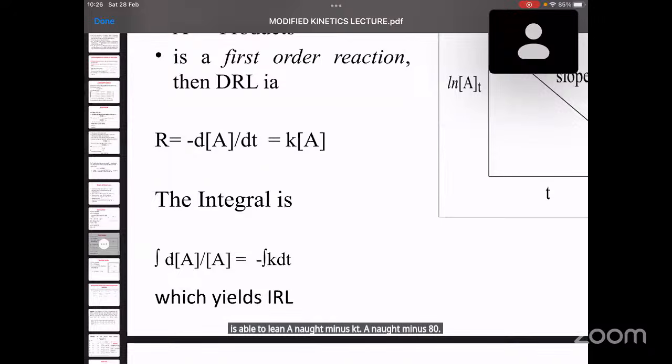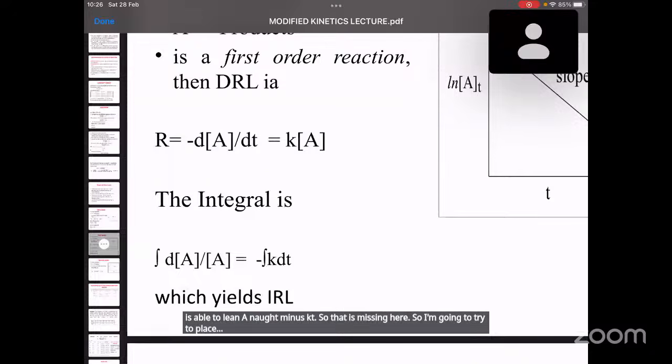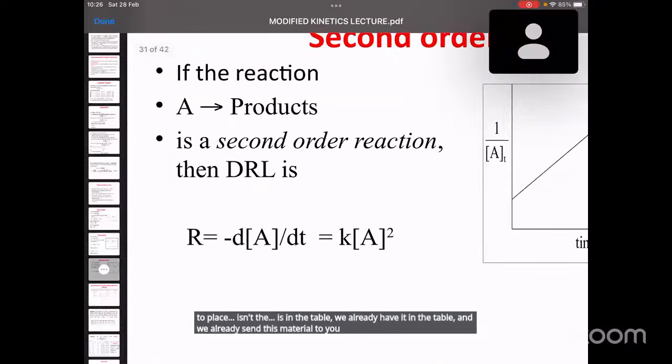So that is missing here, though it's in the table. I already sent this material to you. I didn't know that was missing.